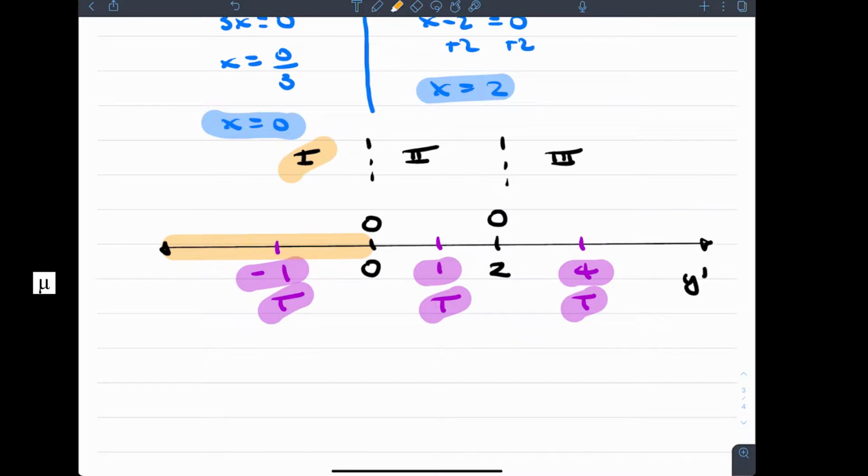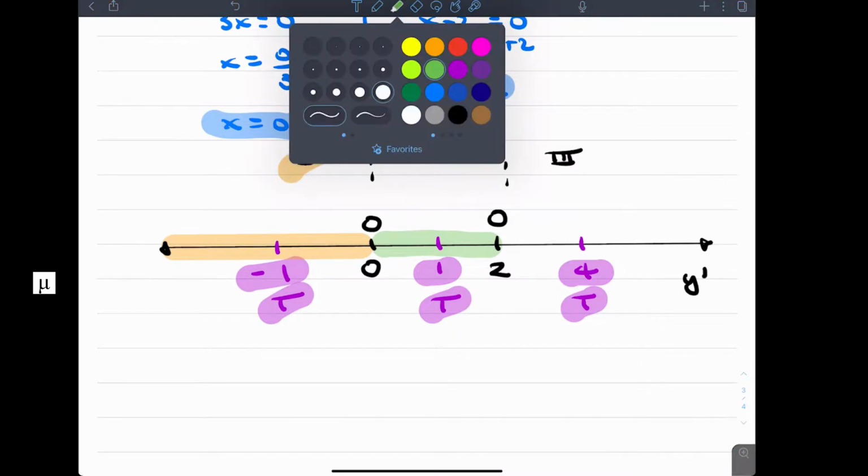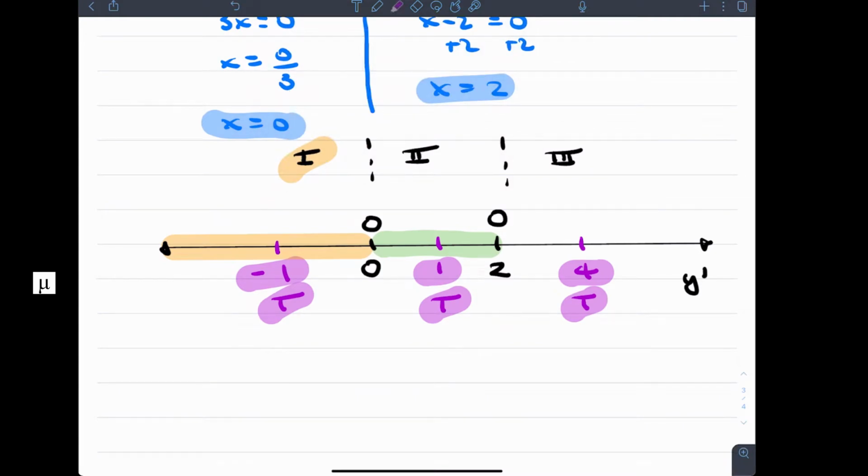What about region 2? 1 is clearly in that region, and so is 1 and 1/2. You need a test point clearly in the region. And finally, at the end, you need a test point in region 3. Any number like 3, 4, 5, 6, and so on.